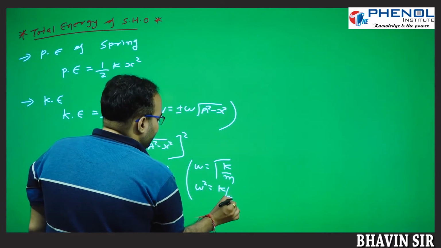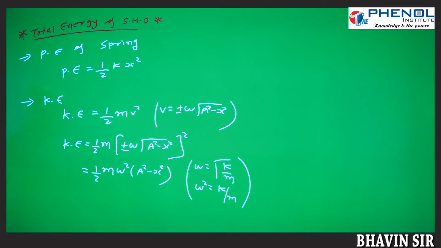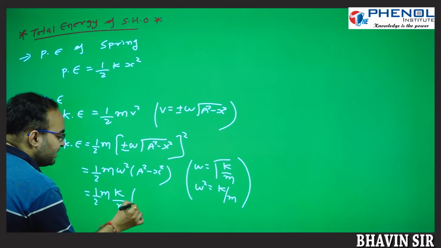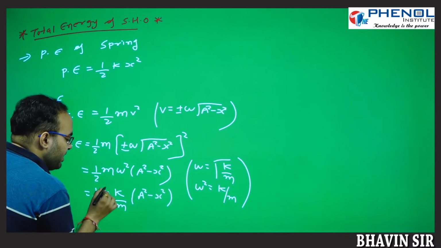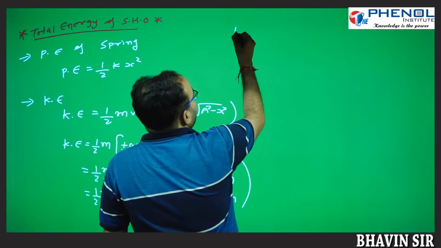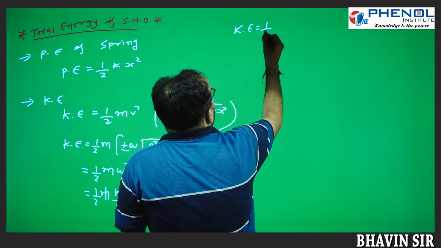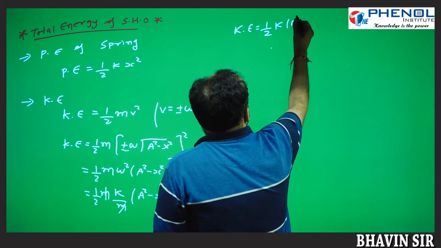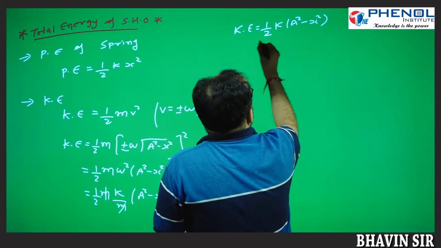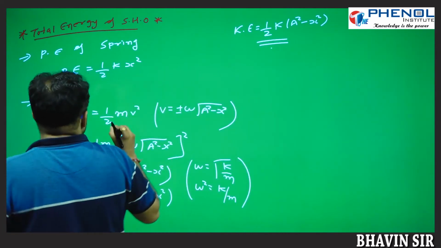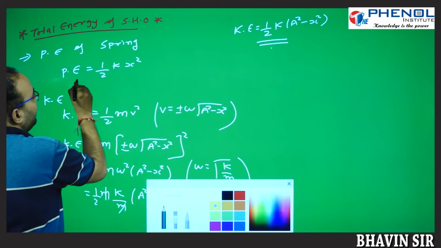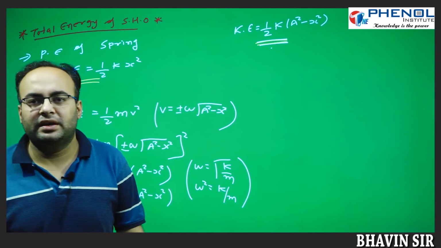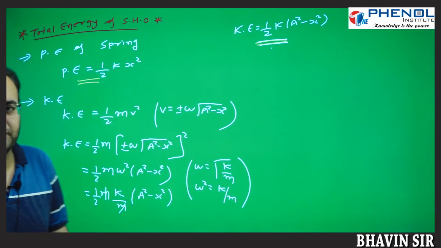So omega square is k by m. So 1 by 2 m omega square is k by m, cancel. So the kinetic energy is half k, a square minus x square. Potential energy is half k x square.